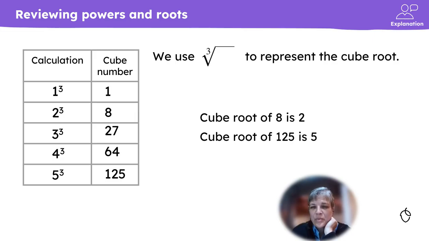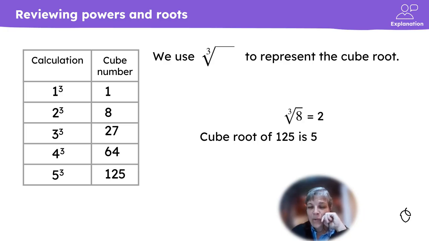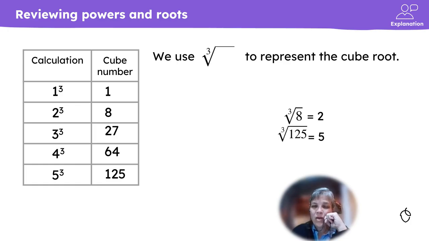When we start to work on other roots, like cube roots or fourth roots or fifth roots, we use a little number to represent which root we're talking about. So if you were asked to do cube roots, they relate to cube numbers. So the cube root of 8 is 2, the cube root of 125 is 5, and we write it like this, a 3 with the square root sign, for the cube root of 125.